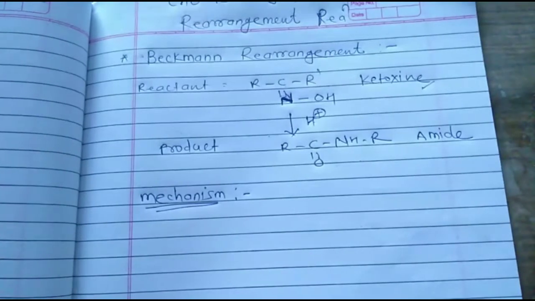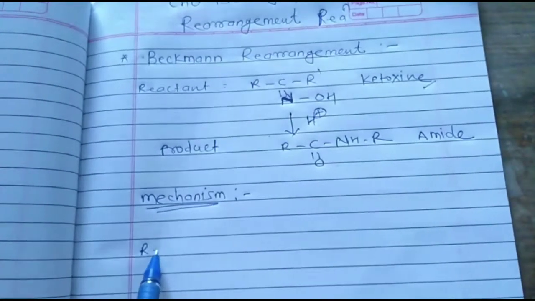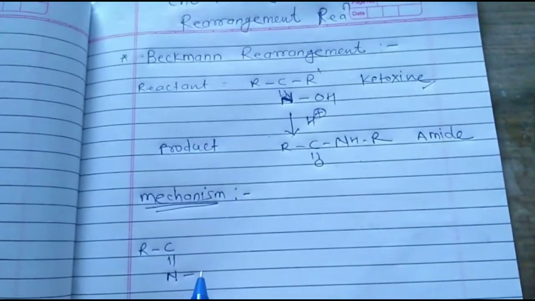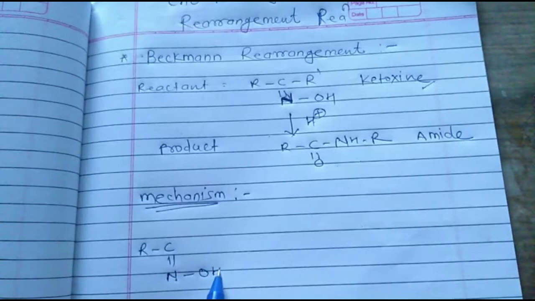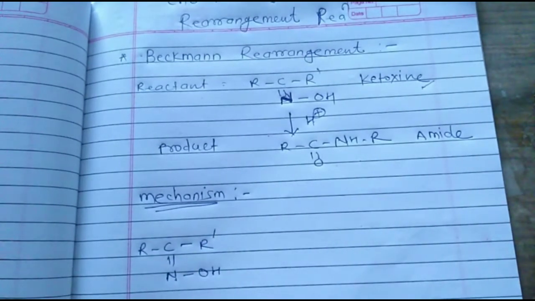In this mechanism the reactant is ketoxime, that is R C double bond N, where this nitrogen is attached to the OH group, and this is R dash, any alkyl group you can take here.